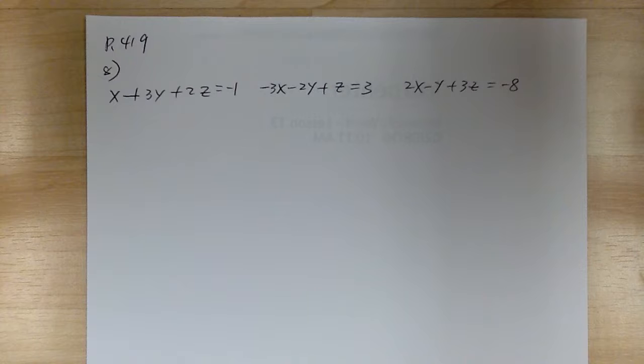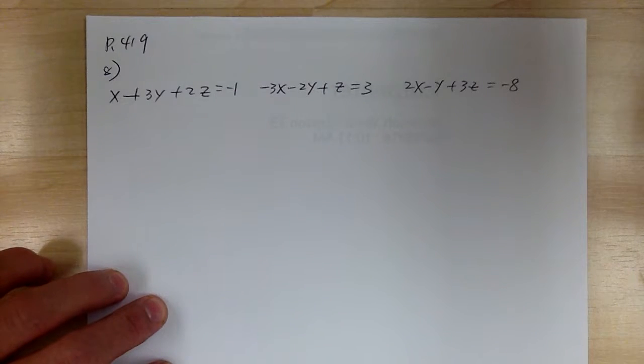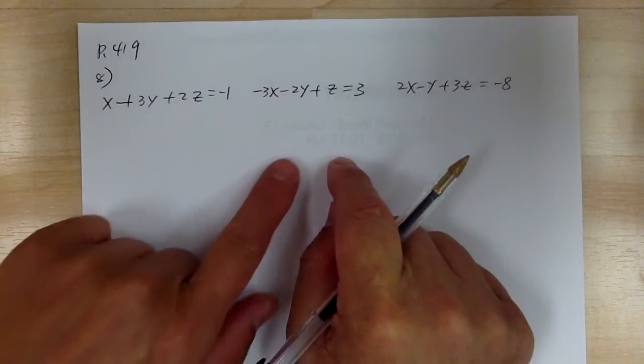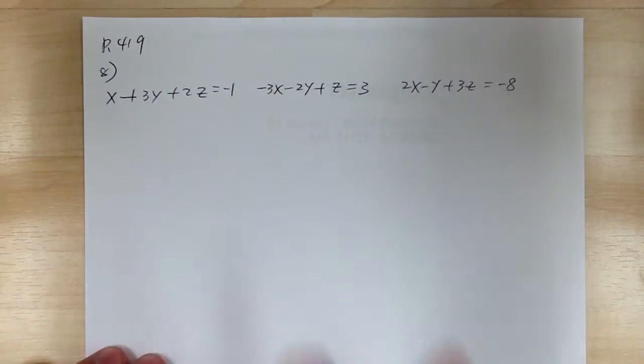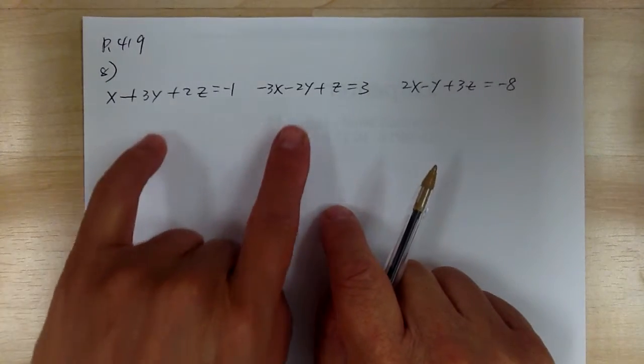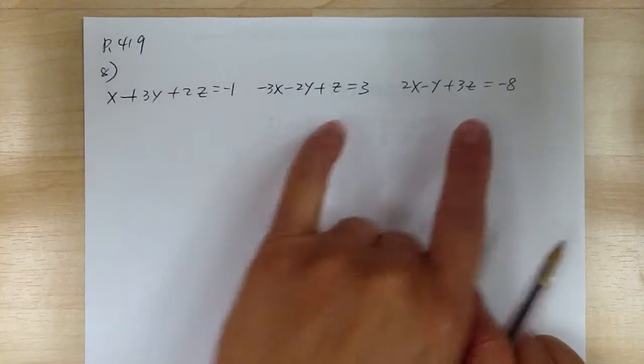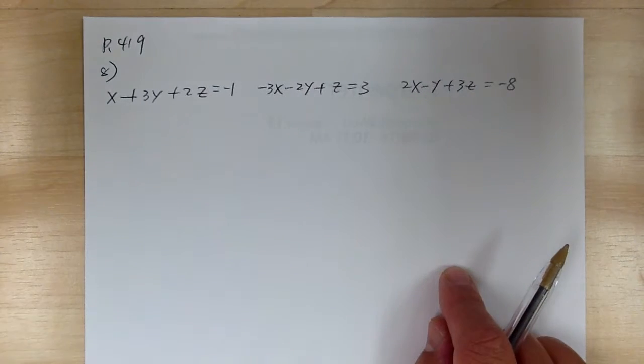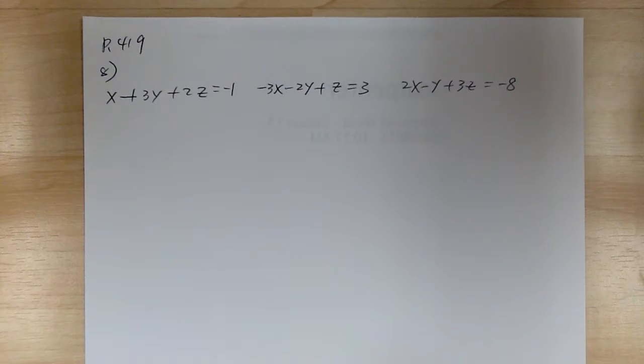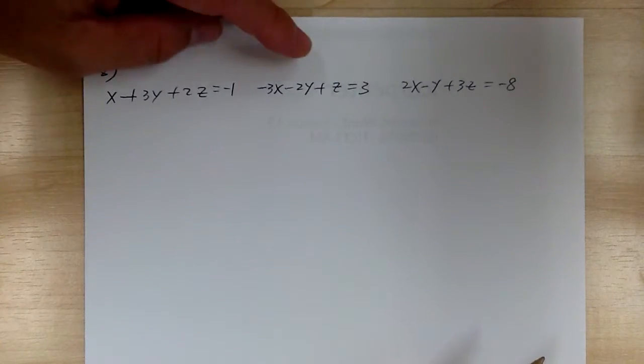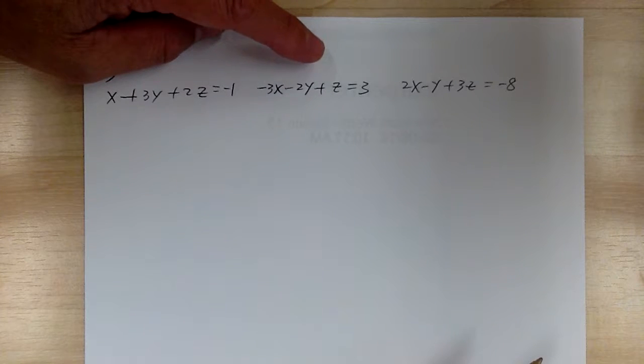Then again there are 3 pairs, and you have to choose 2 of the pairs. You can choose this pair or this pair or this pair, it doesn't matter. Again, use the elimination method.